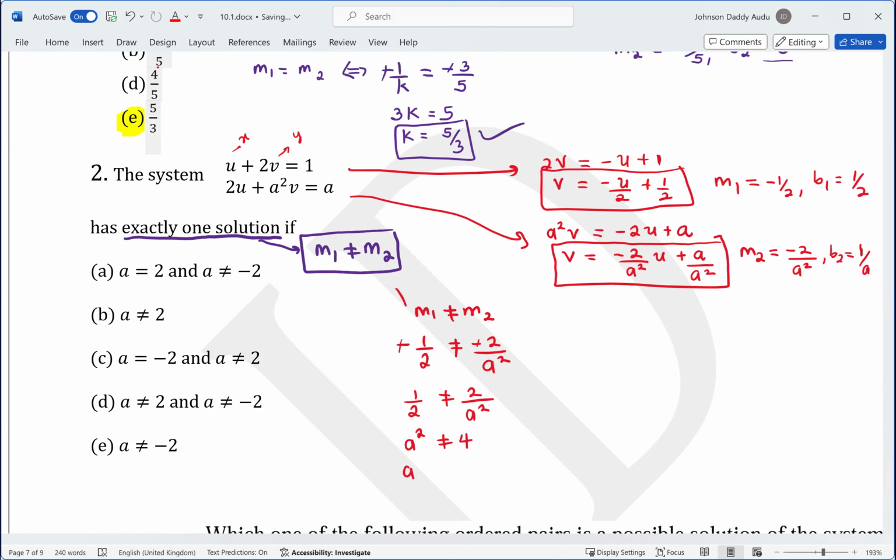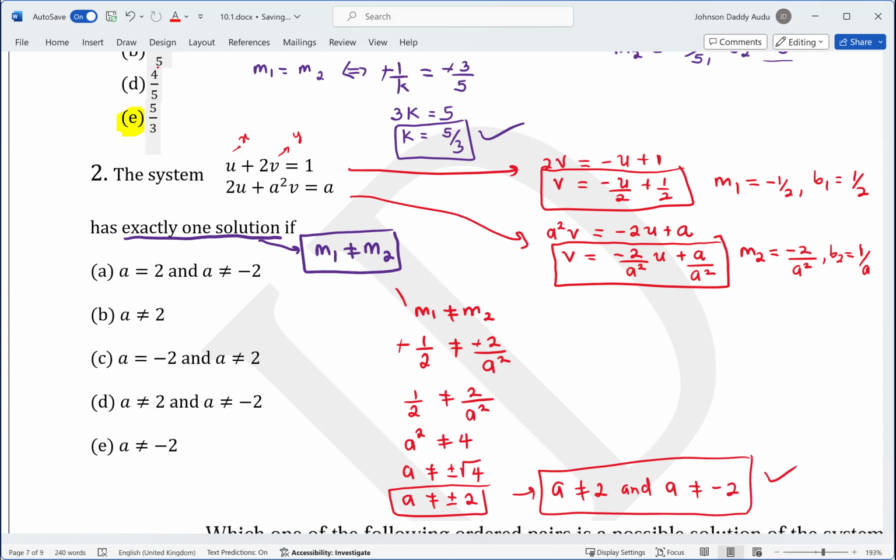It means that A is not equals to plus minus the square root of 4. Therefore, A is not equals to plus minus 2, right? So it means that A is not equals to 2, and A is not equals to minus 2. So that is the solution.